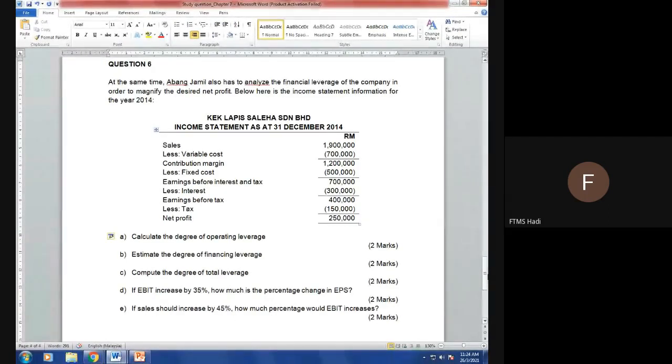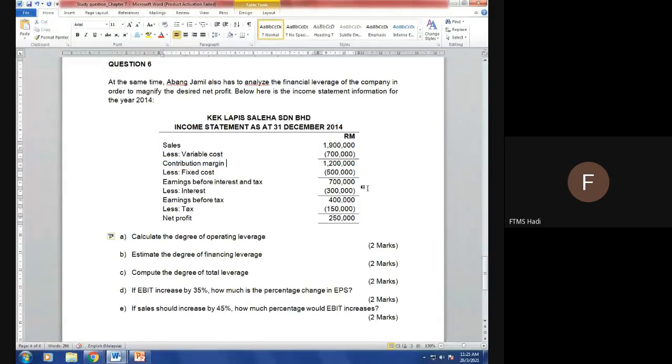Question 6. At the same time, Abang Jamil also has to analyze the financial leverage of the company in order to magnify the desired net profit. Below here is the income statement information for the year 2014. They give you this standard format: sales less variable cost becomes contribution margin.